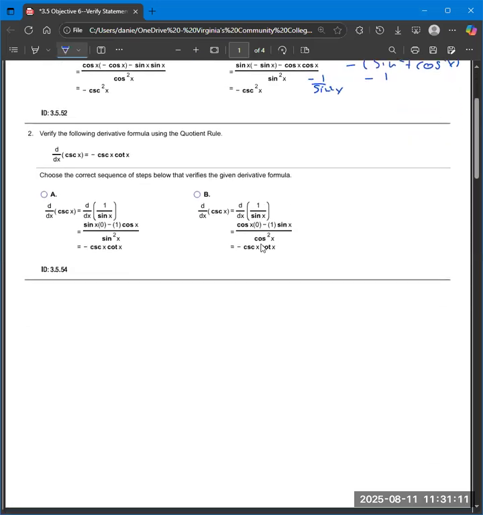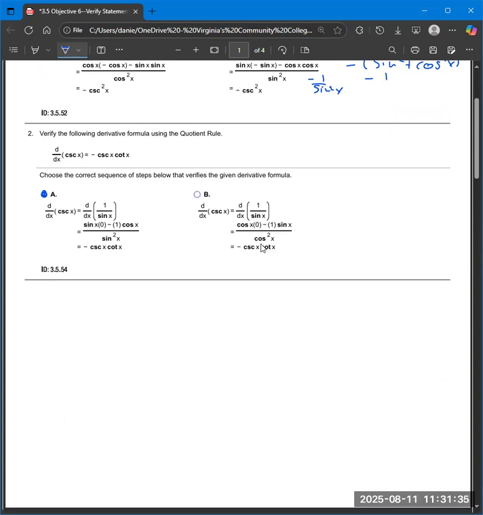How would we do the derivative of cosecant? So cosecant is 1 over sine, and then so that's going to be 0 times sine, that's A, minus 1 times cosine over sine squared.